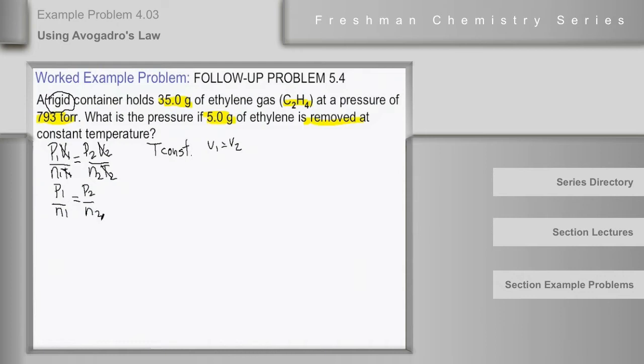And if we look at the variables, we have the mass of the gas under condition 1, so we can determine from the mass of the gas the number of moles. So we can get N1.